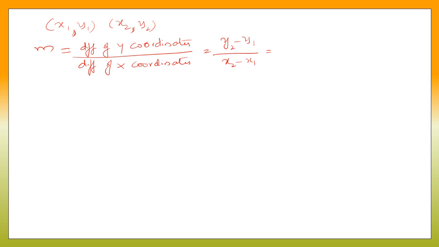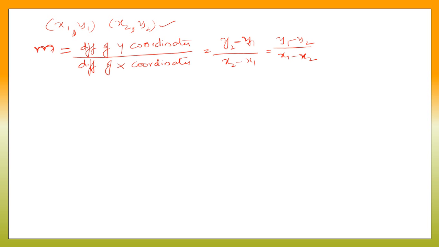Or you can write it as y1 minus y2 by x1 minus x2. So the slope m is equal to y2 minus y1 by x2 minus x1, or y1 minus y2 by x1 minus x2.